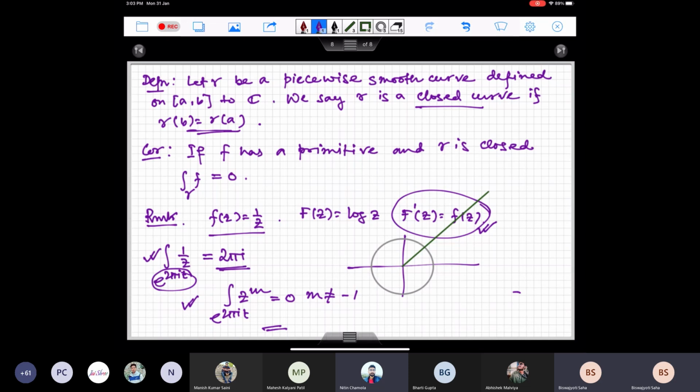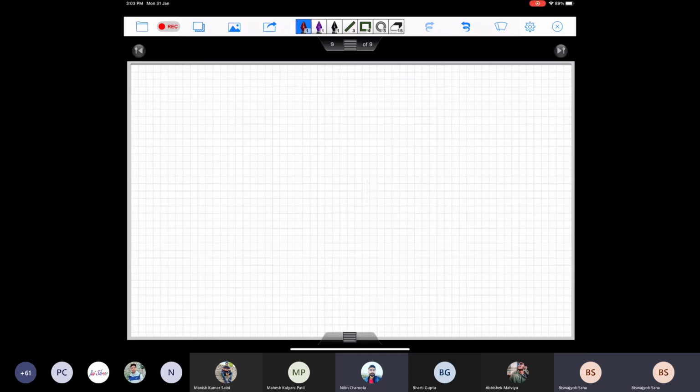For this we need to start with holomorphic functions, and then we will be proving a similar kind of statement, which are called closed curve theorems for holomorphic functions. So let me just give a heading: closed curve theorem for holomorphic functions.